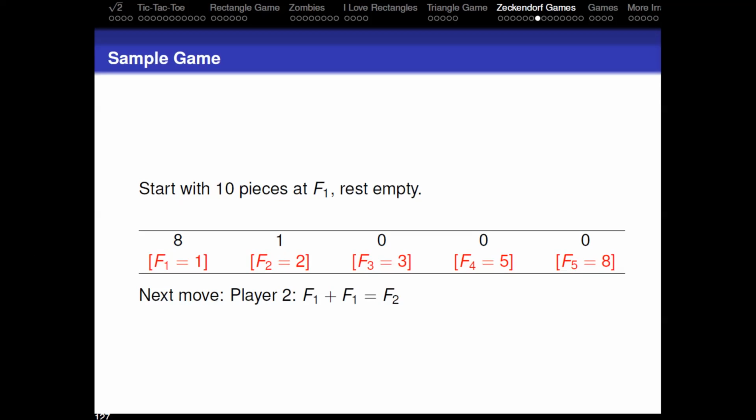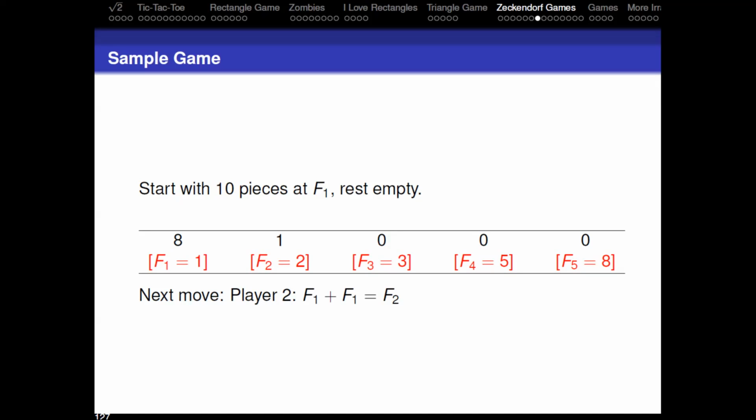I have two types of moves. I can combine two things in adjacent bins, or I can take a double and break it up. We don't have two things in adjacent bins. We only have one bin.